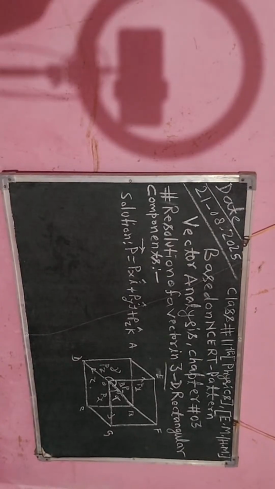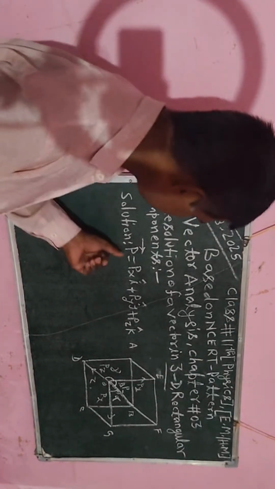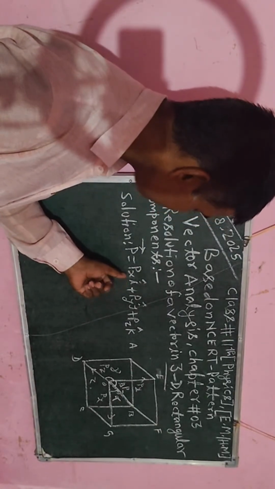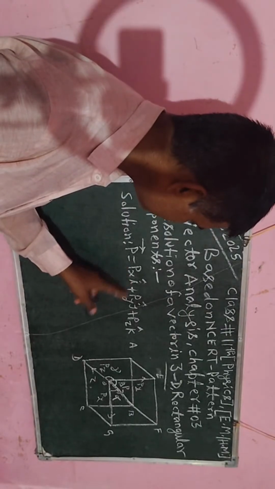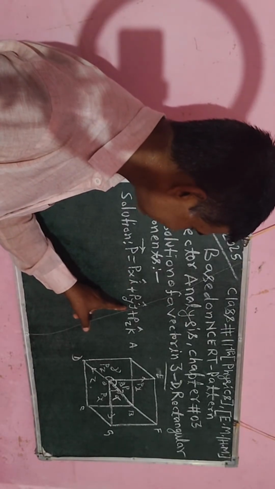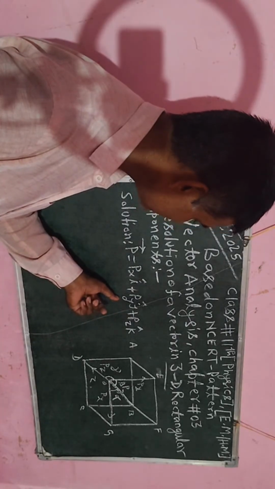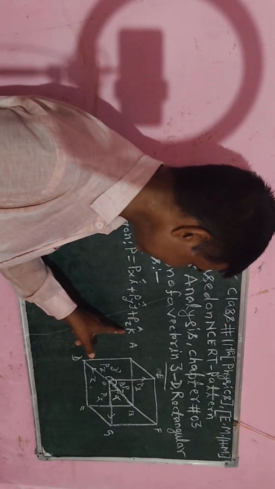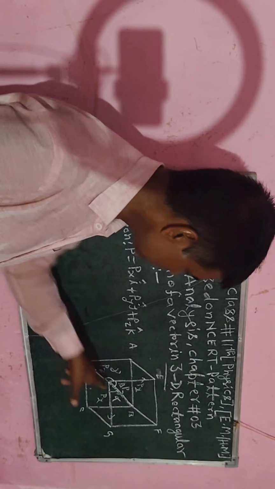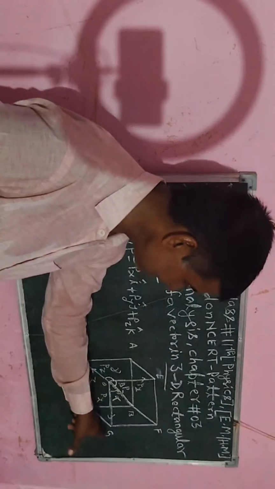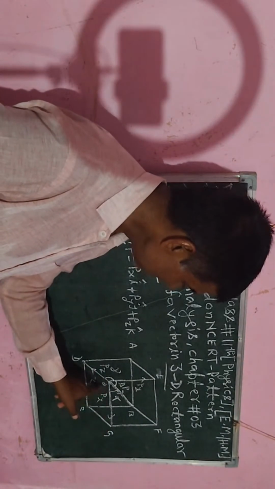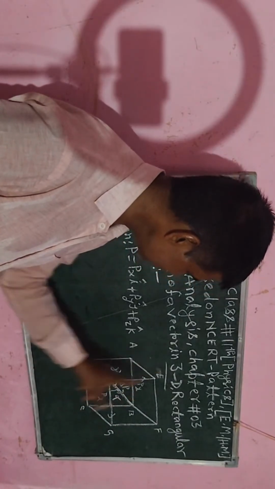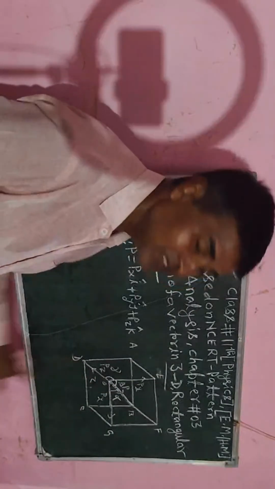Okay, so first of all I have to write vector P, which is equal to the vector i cap, and px is the coefficient of this vector. Similarly I have to write here vector j cap, and py is the coefficient of that vector, and here I have written vector k cap, and its coefficient is pz, because this vector is along OG, that is along the x-axis, and OE along the y-axis, and OD, that is along the z-axis.